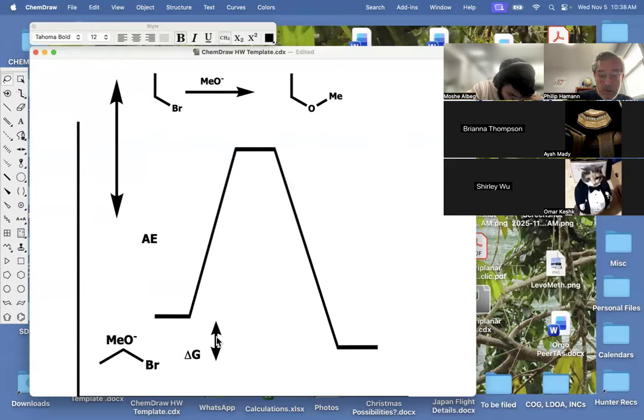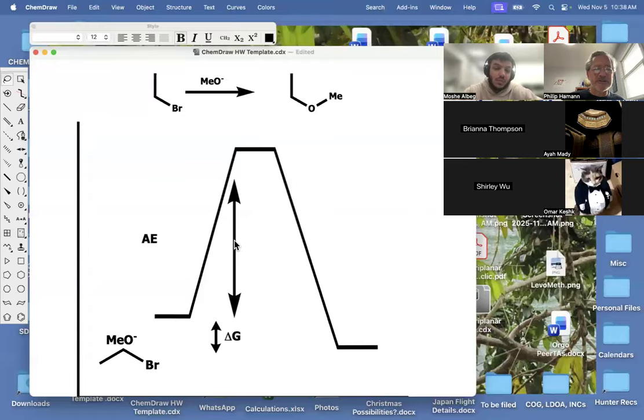Assume it's exothermic, the overall reaction, yeah, for SN2, but not for any reaction. We like reactions that are useful for making things. Endothermic reactions, not so useful. I mean, there's no reason we can't talk about them, but they're just not very useful.